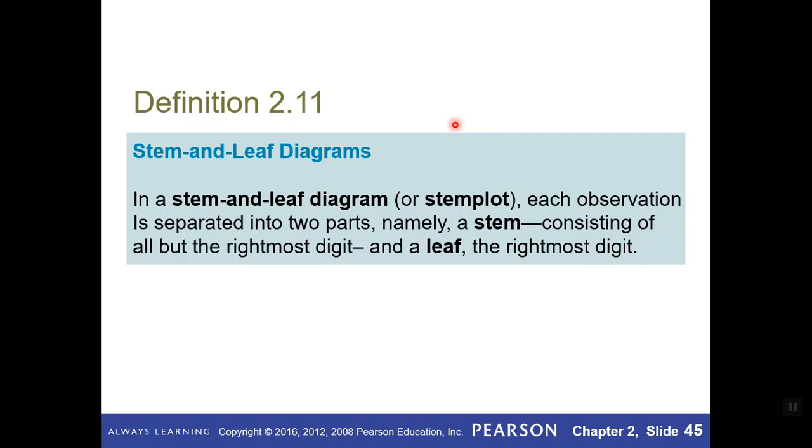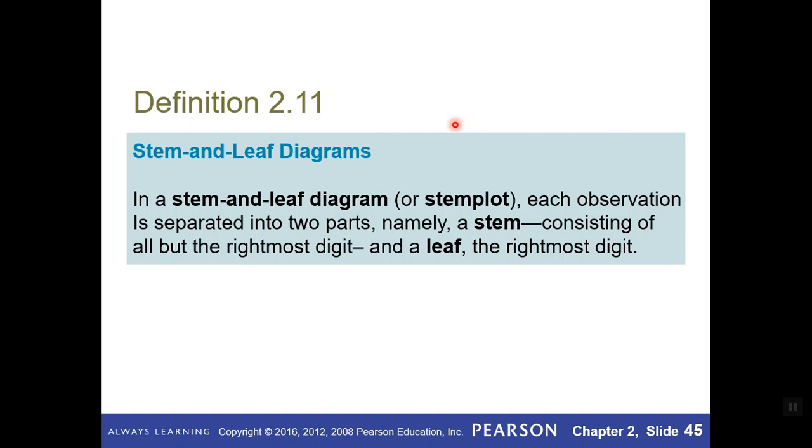There is another diagram. It's a very basic diagram we call the stem and leaf plot, in general we call it a stem plot. In a stem and leaf diagram, each observation is separated into two parts.